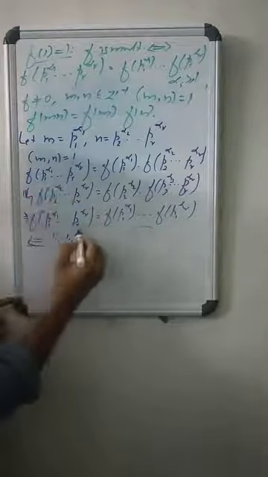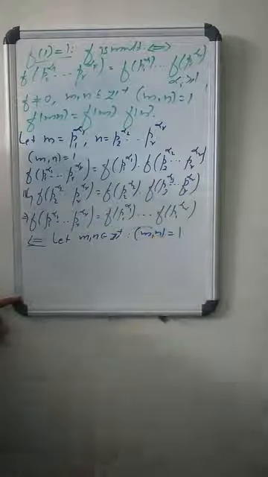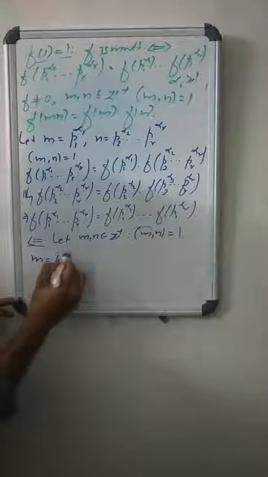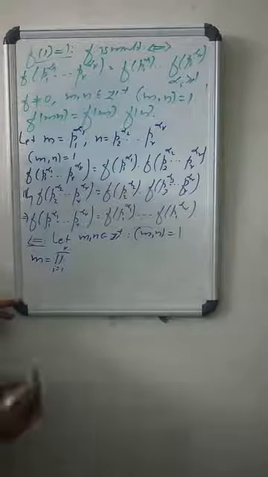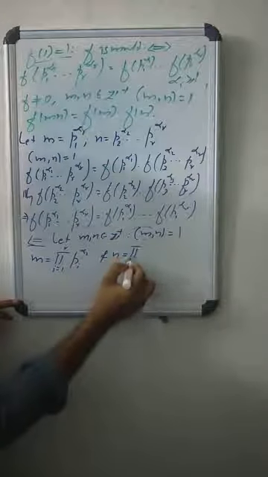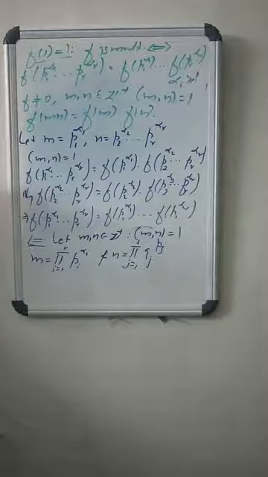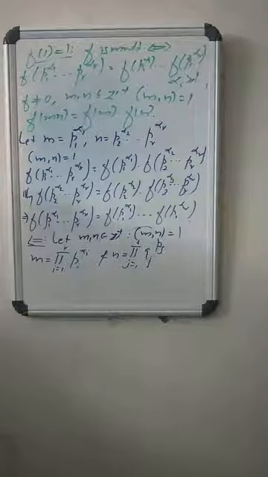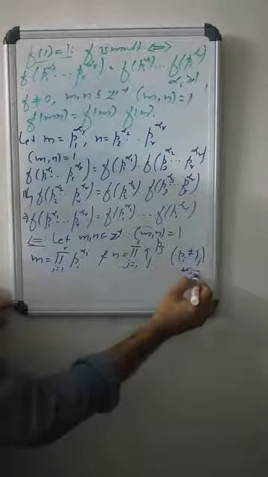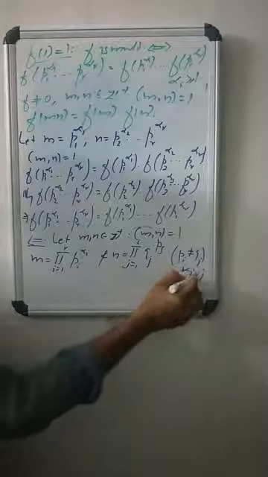We have to show that f is multiplicative, for m and n with GCD 1, so they are relatively prime. Then m equals the product i from 1 to r of pi power alpha i, and n equals the product j from 1 to s of qj power beta j, where pi differs from qj for all i and j.